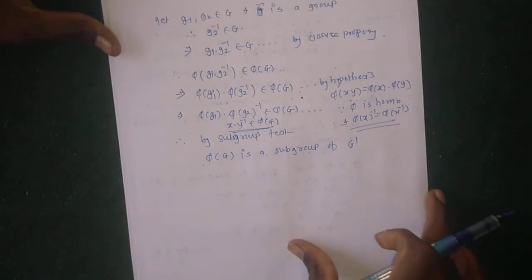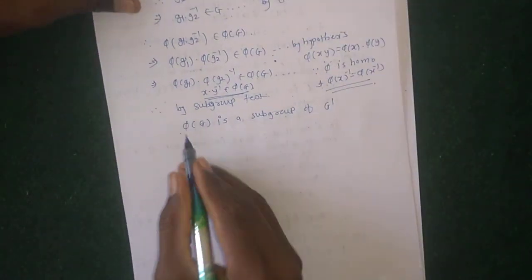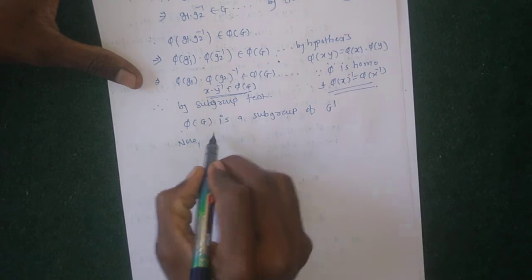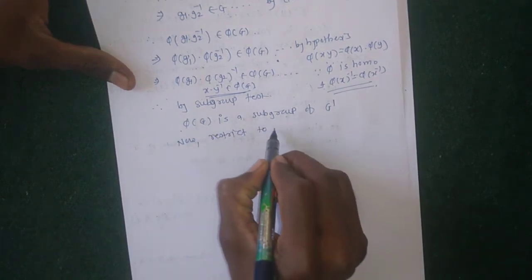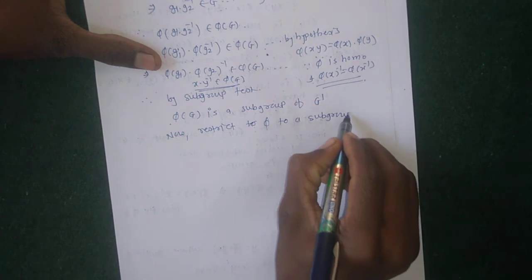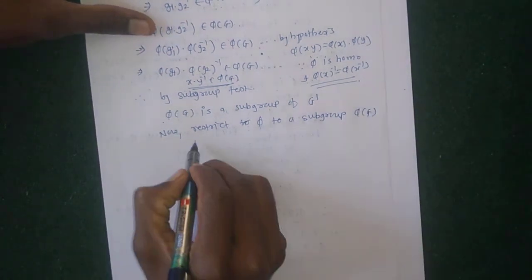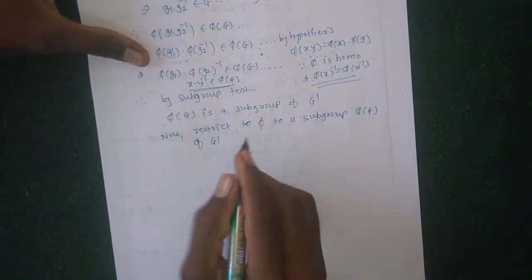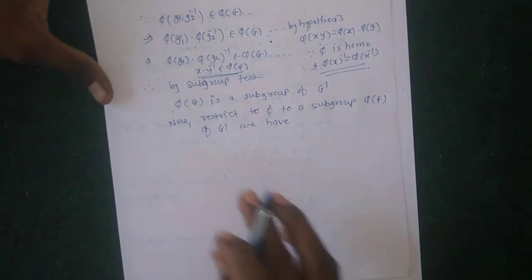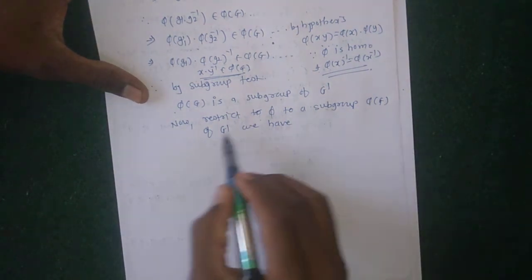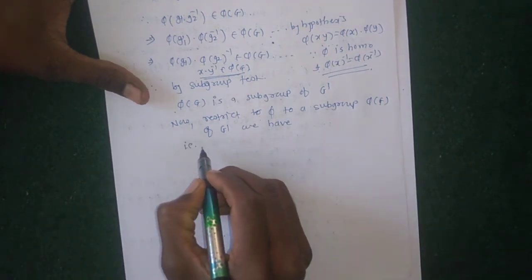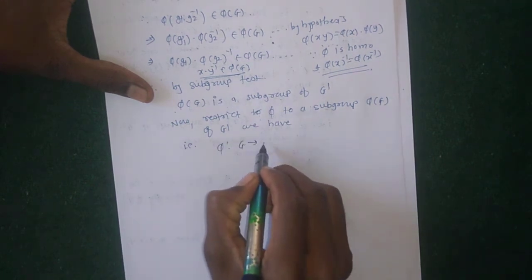Now the next part: restrict phi to a subgroup phi of G. Phi of G is a subgroup of G dash, and restricting phi from G to phi of G means phi from G to phi of G.